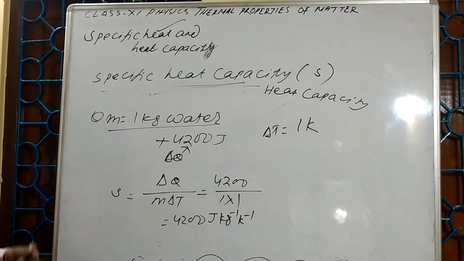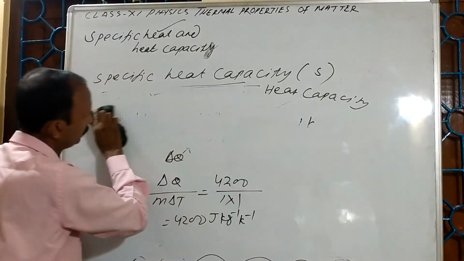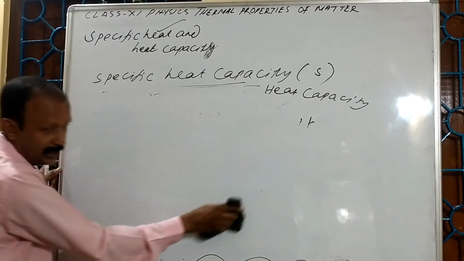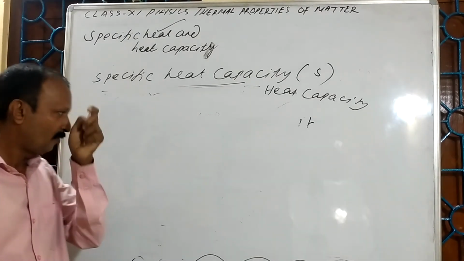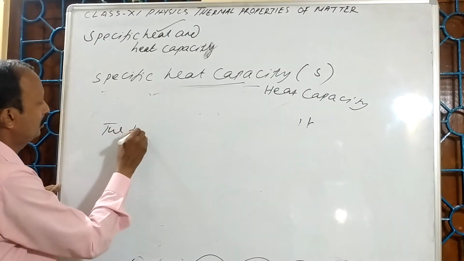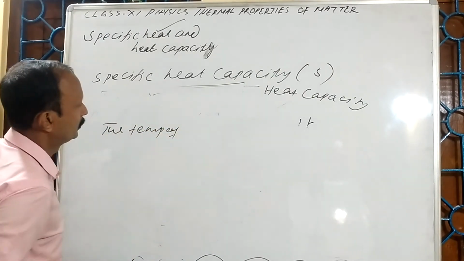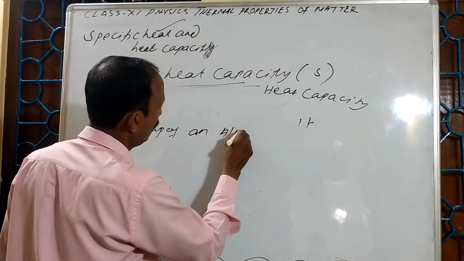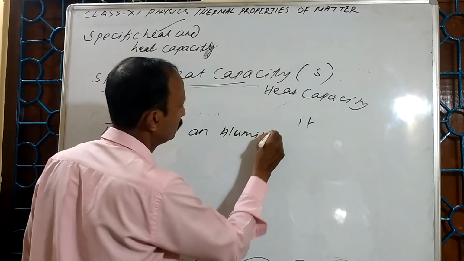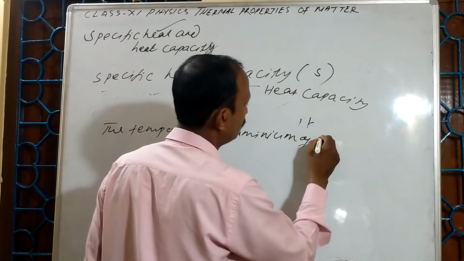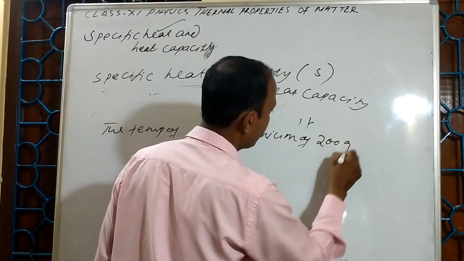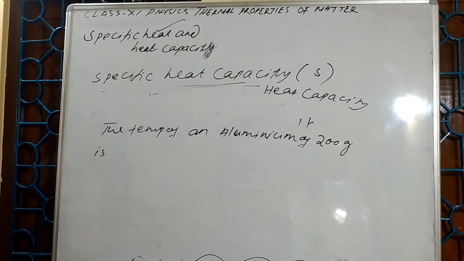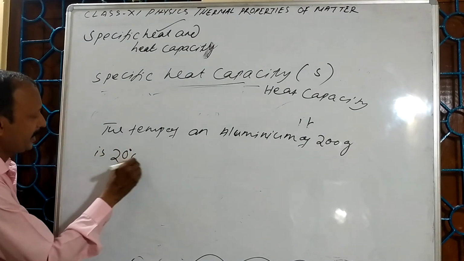One more question, see that. Suppose the temperature of an aluminium of 200 gram is 20 degrees Celsius.